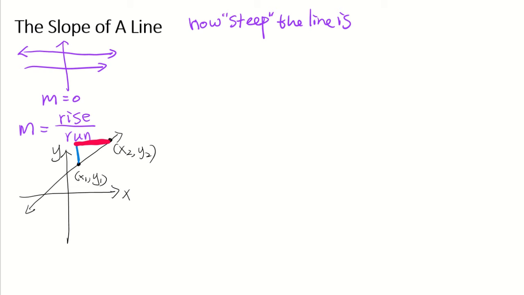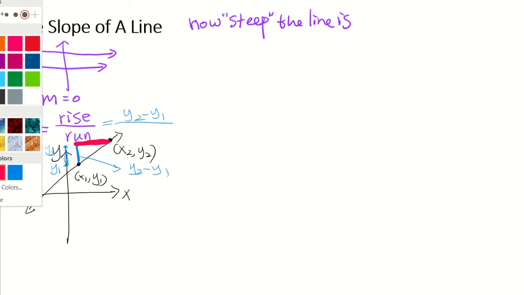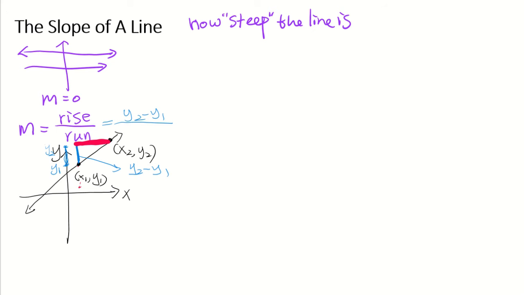So what is the rise here? How much is this rise? Well, it is the distance from here to here. We know this value is y2, this value is y1, so this green segment is y2 minus y1. This red segment, on the other hand, let's make it over here.